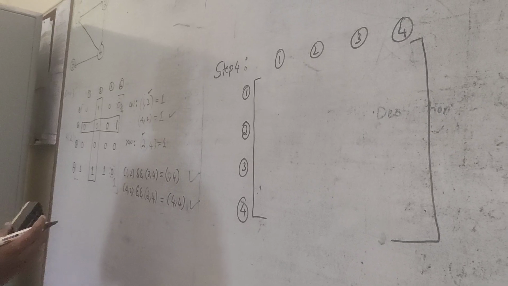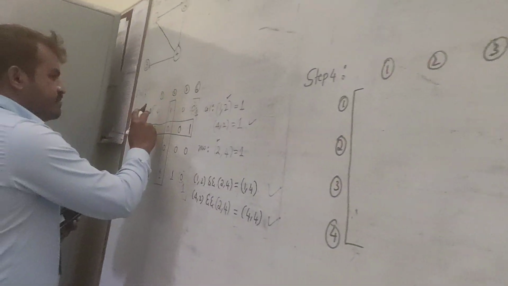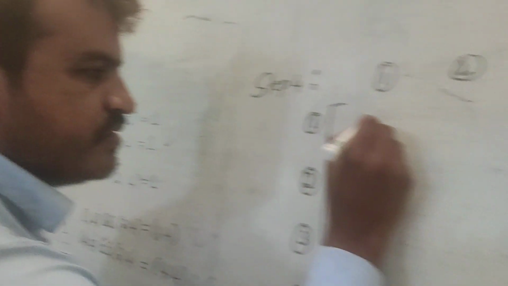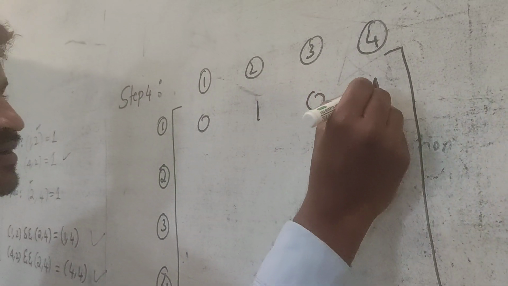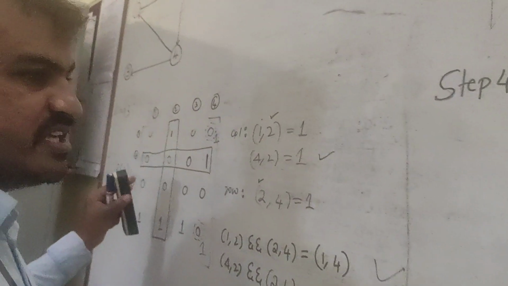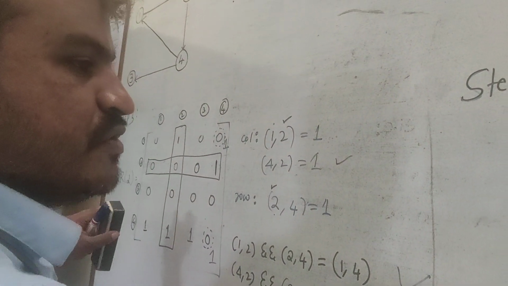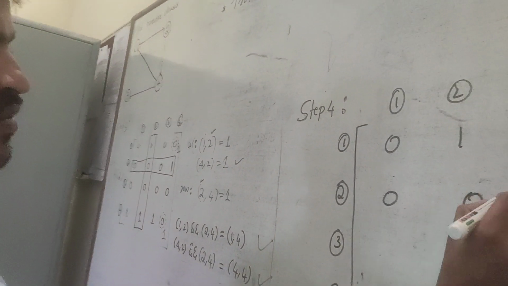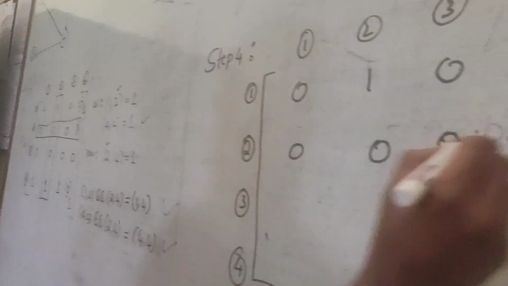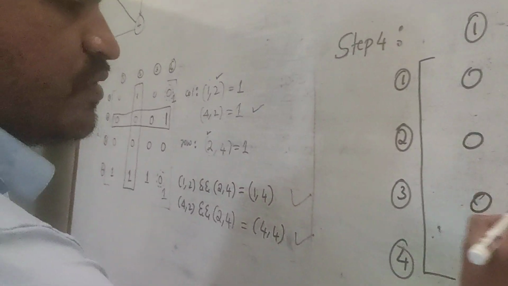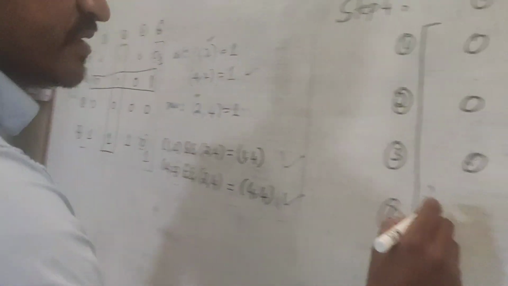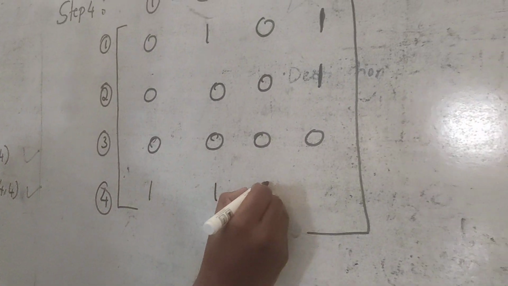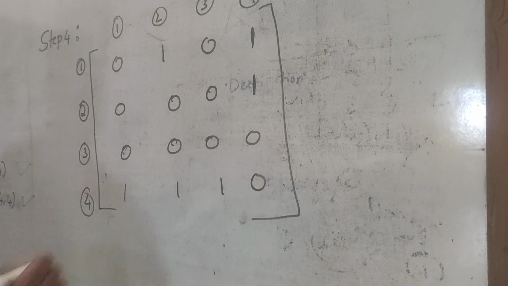Now step 4. What are the items there? Write down here: 0 1 0 1. What was the last change? All those values have to be written. 0 0 0 1. Then 0 0 0 0. The fourth one is 1 1 1 0.